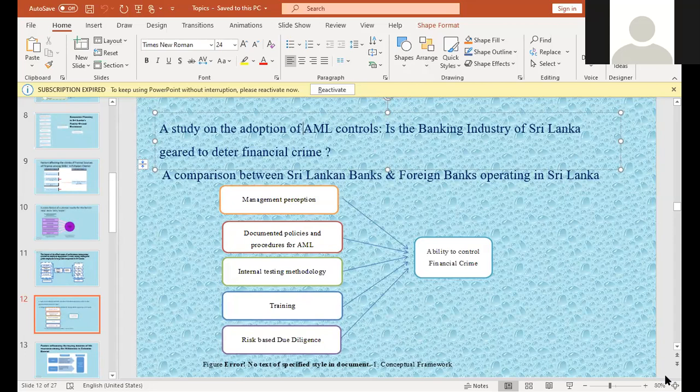I mean, whether the banks have proper mechanisms to control the circulation of illegal money in Sri Lanka, and to what extent those mechanisms are successful in controlling this illegal money mixing up with the legal sources.